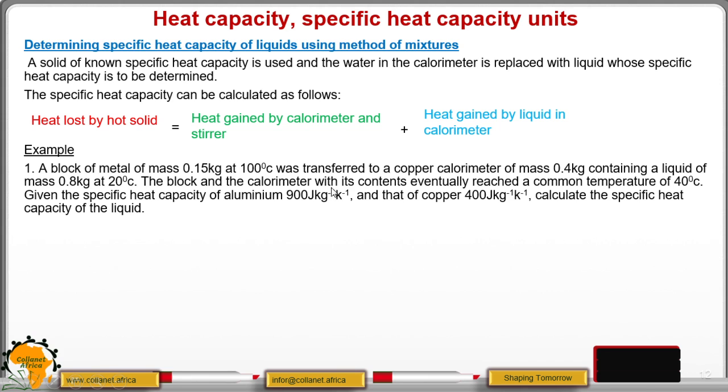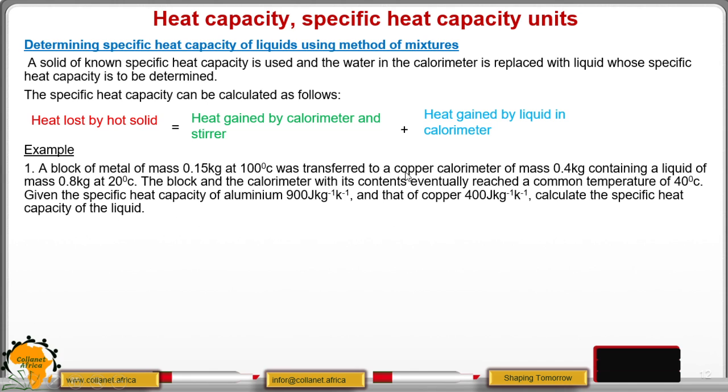The block and the calorimeter with its content eventually reached a common temperature of 40 degrees Celsius. Given that the specific heat capacity of aluminium is 900 joules per kilogram per Kelvin, and that of copper is 400 joules per kilogram per Kelvin, calculate the specific heat capacity of the liquid.